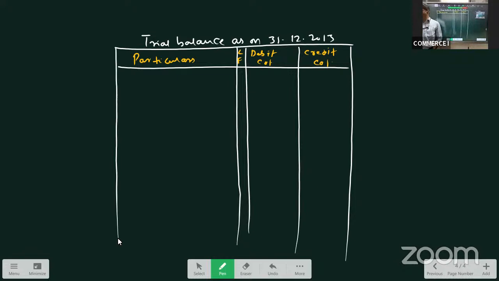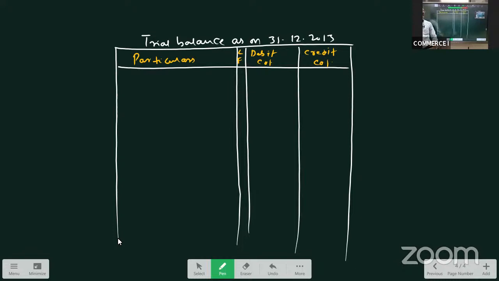So see the balances. Capital is placed in the credit column. Bills payable is a liability, placed in the credit column. Bills receivable is an asset, placed in the debit column. Furniture is an asset, placed in the debit column.